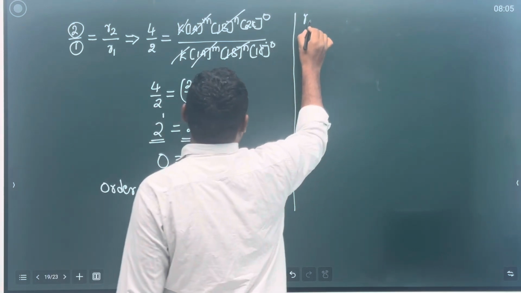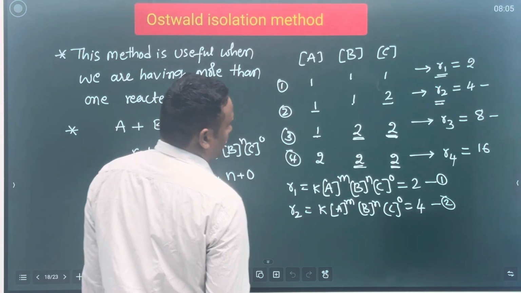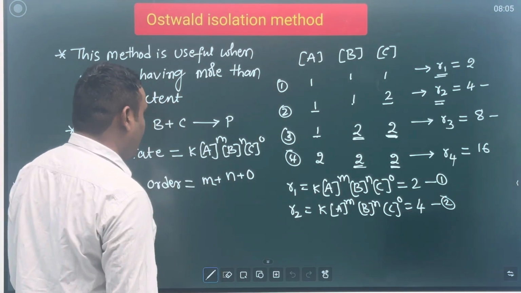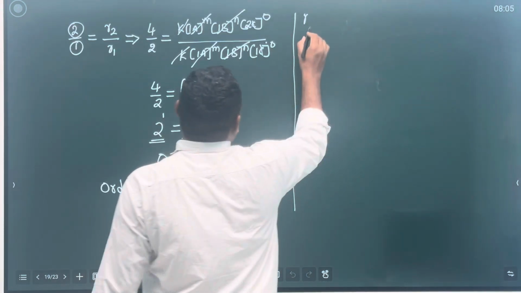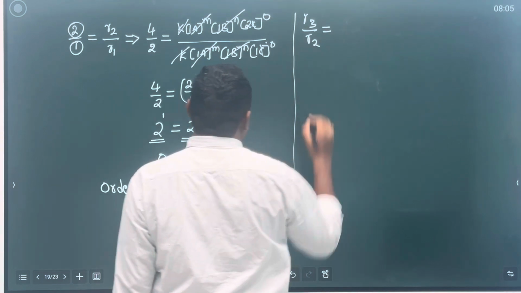Sorry, R3 by R2. You compare R2 and R3, means R3 by R2. So here, what is R3?